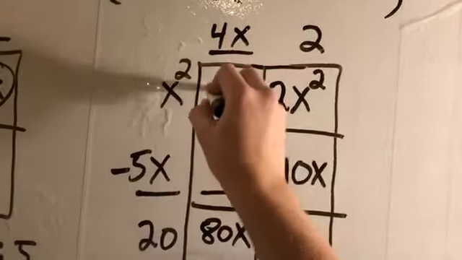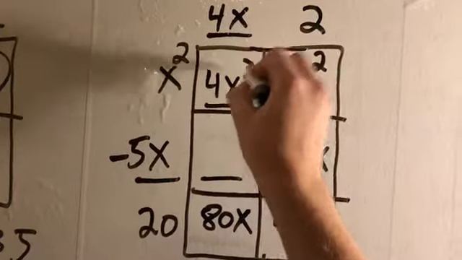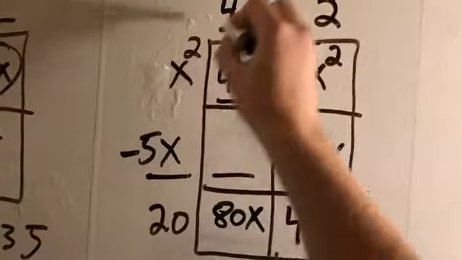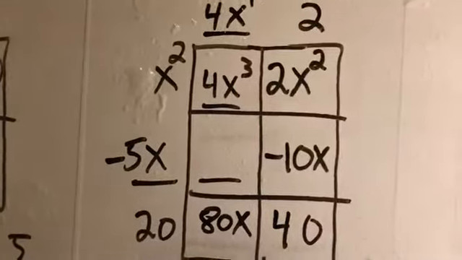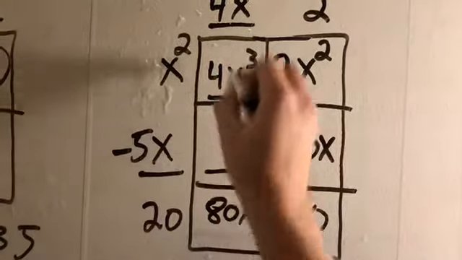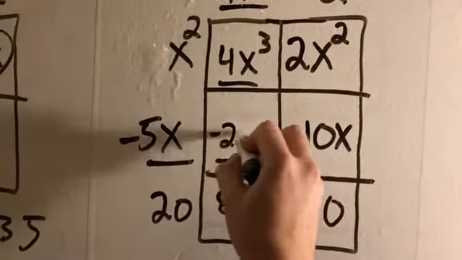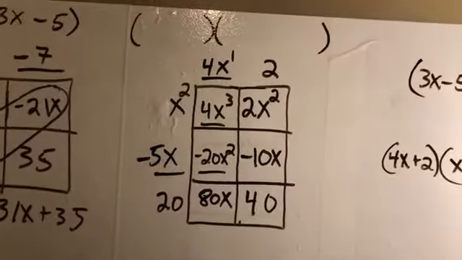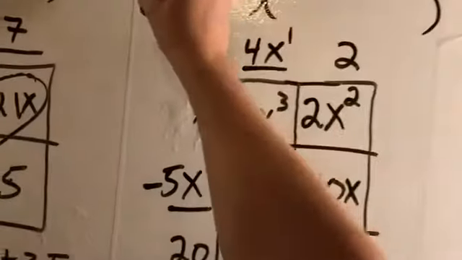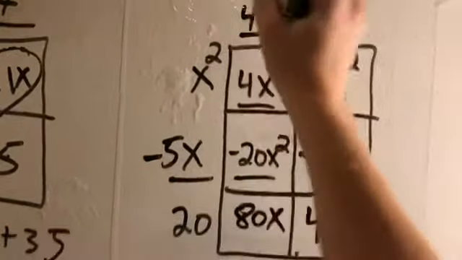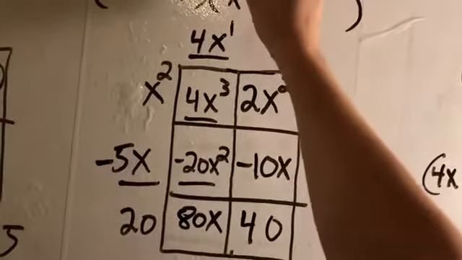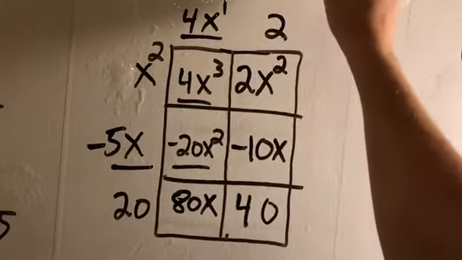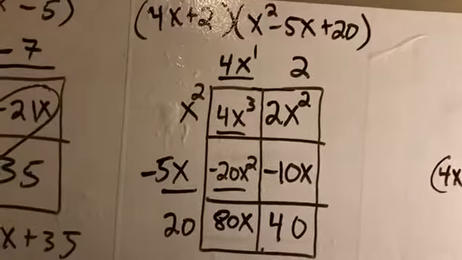X squared times 4x is 4x cubed, because that's like a little 1. X squared plus x is x cubed. Negative 5x times 4x is negative 20x squared. So now we've just done a bigger problem. That was 4x plus 2 here, and that was x squared minus 5x plus 20 for that left side.